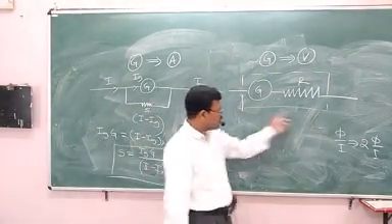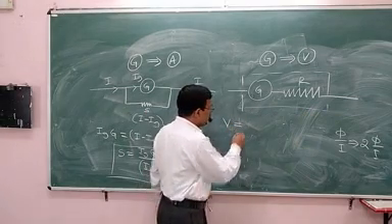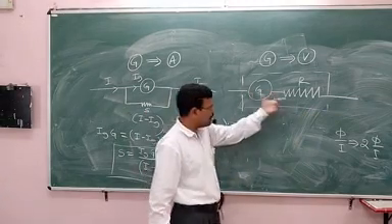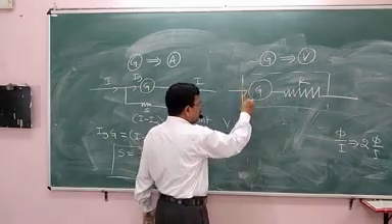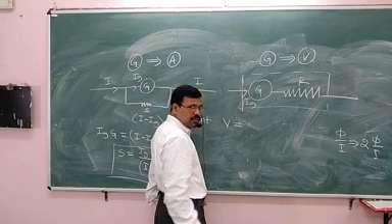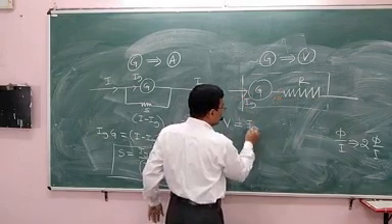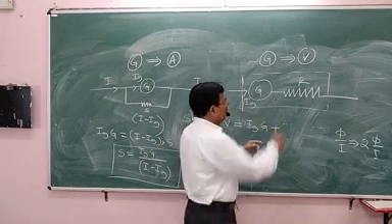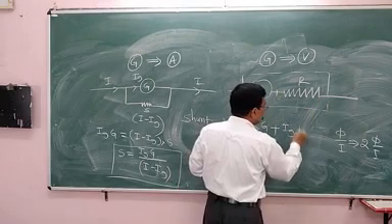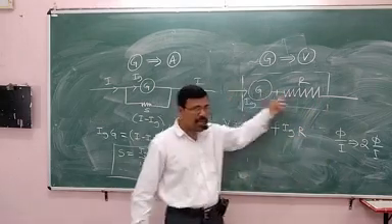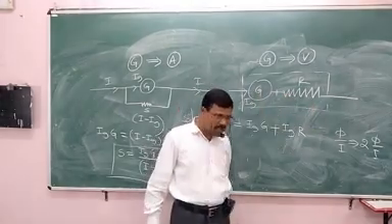As we know, the potential difference across this combination, V, is equal to the potential difference across the galvanometer plus the potential difference across the resistor. The current passing through the galvanometer is Ig. So the potential difference across the galvanometer is current into resistance, and the potential difference across the resistor is current into resistance. The same current passes through the galvanometer and resistor when they are connected in series.